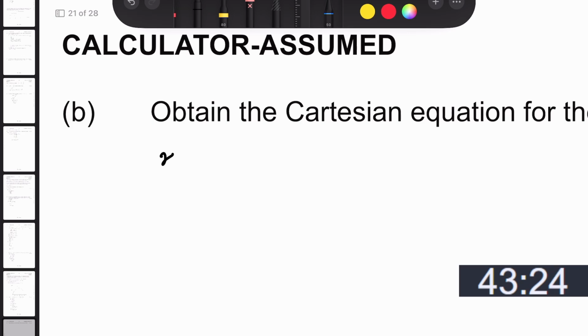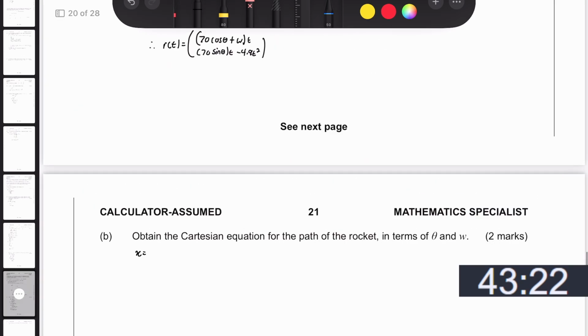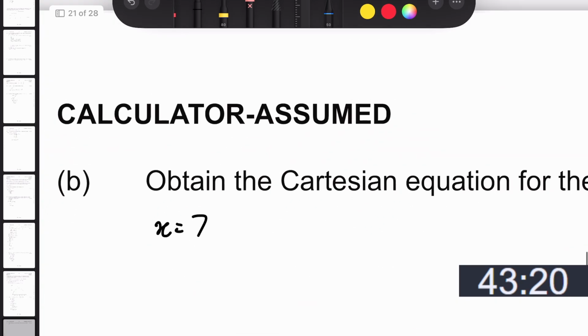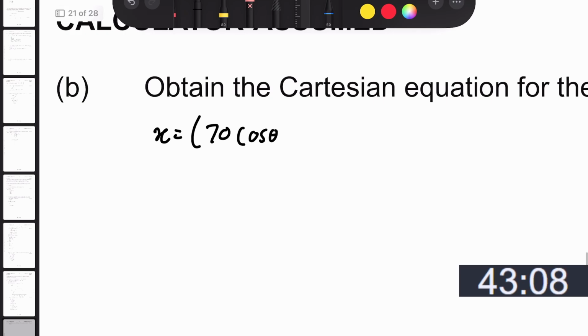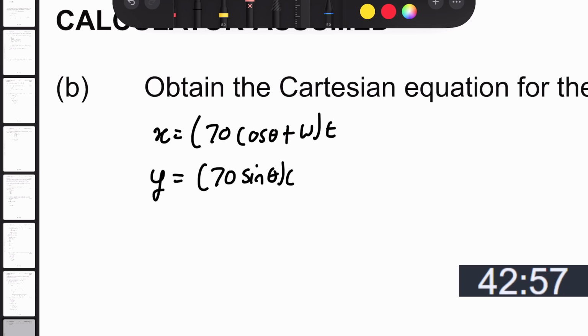So x is equal to (70 cosine of theta plus w)t. y is equal to 70 sine of theta t minus 4.9t squared.